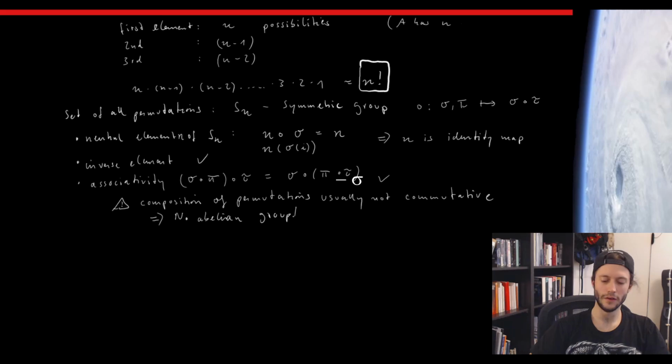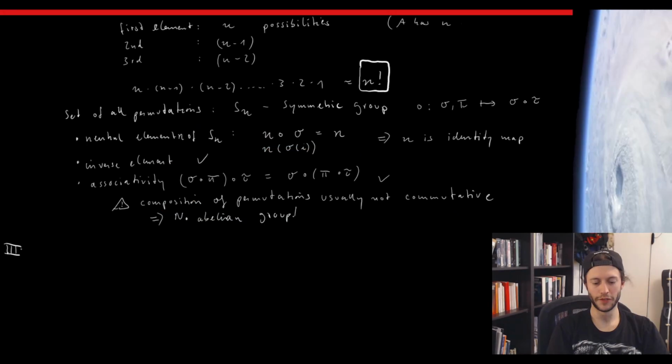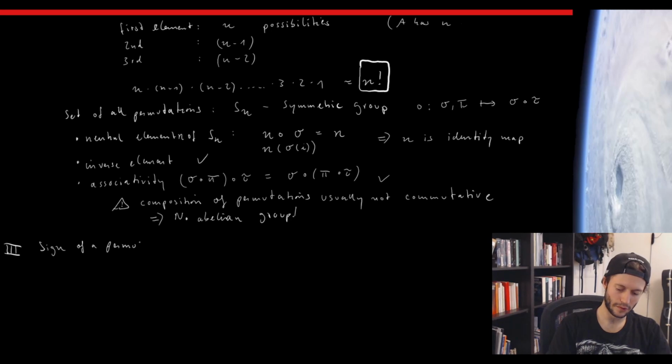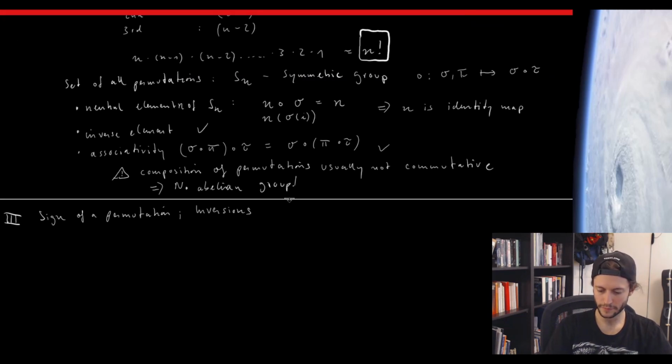Fine. Yeah, that's all about the symmetric group for now. We can now directly go to more notions concerning permutations, which is the sign of a permutation and inversions. Well, let's actually introduce some more space here.